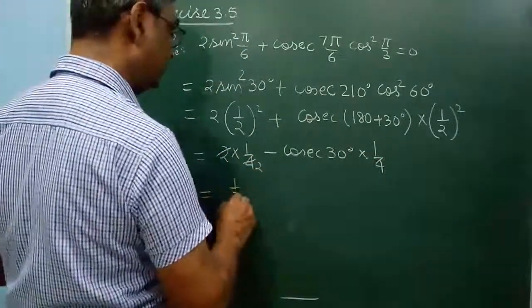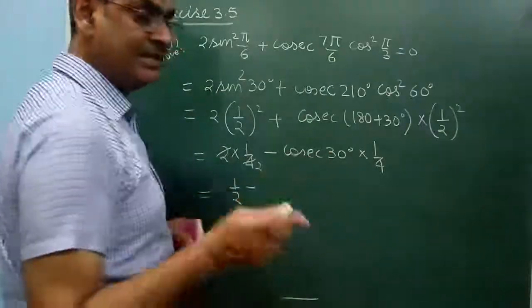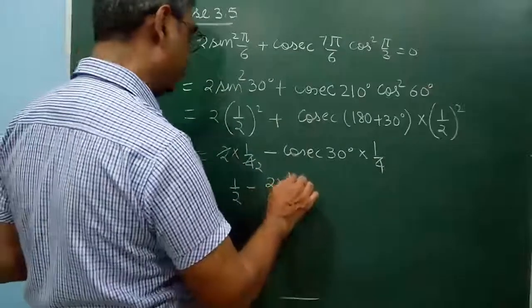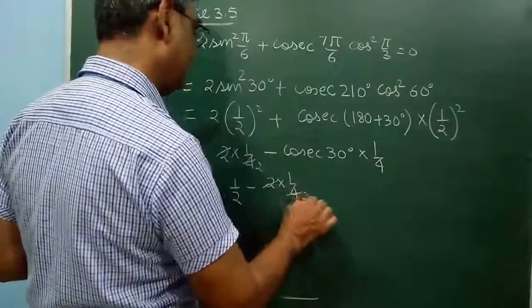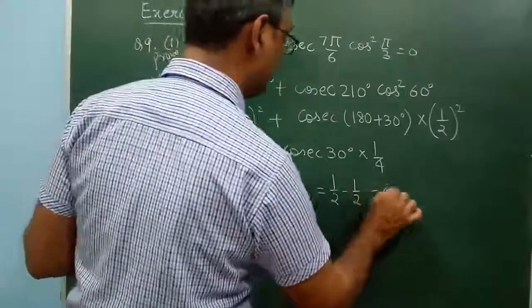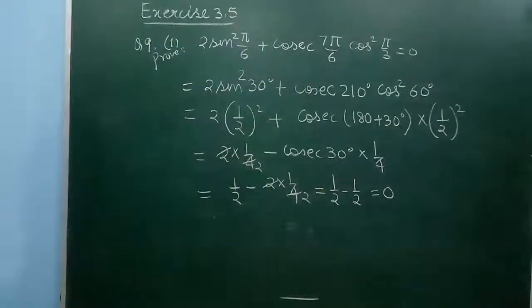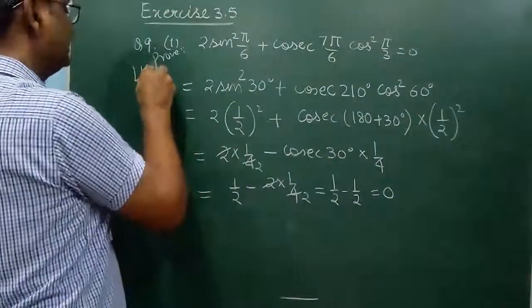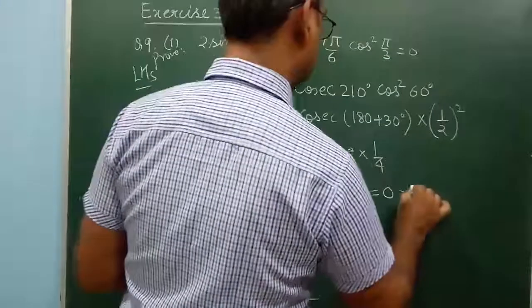So 1 by 2 minus cosec, sin 30 is 1 by 2. So cosec is the reciprocal of sin. So 2 into 1 by 4. This will get cancelled, means 1 by 2 minus 1 by 2 equal to 0. So the value of this one is 0. This is LHS and equal to RHS.